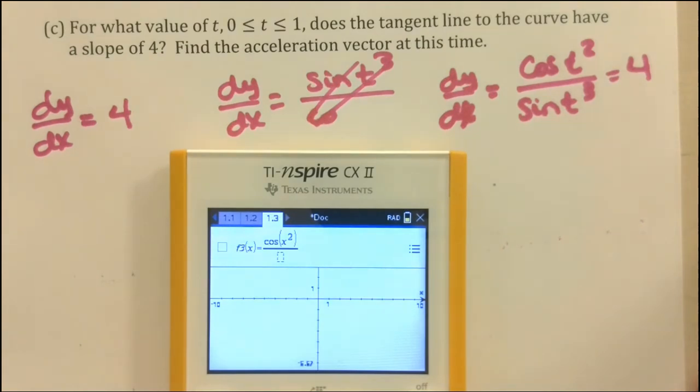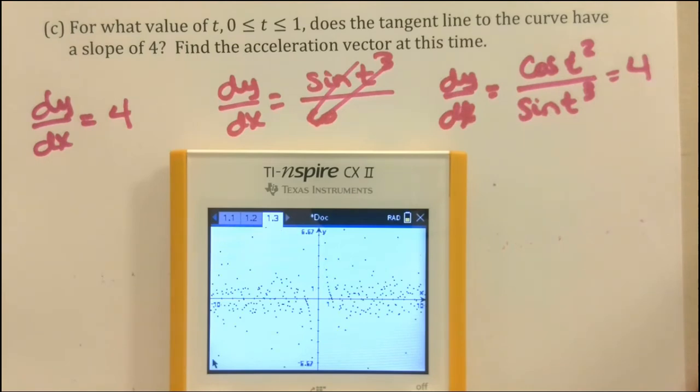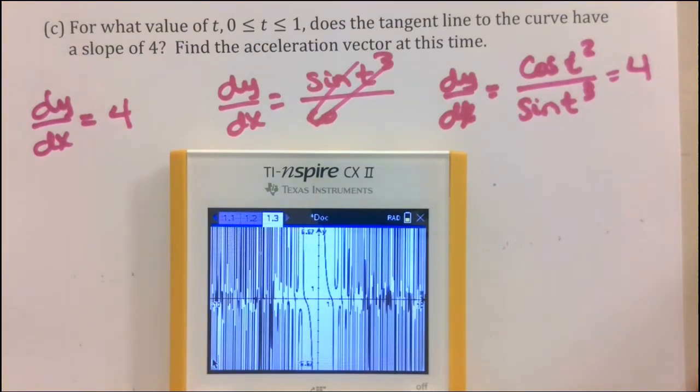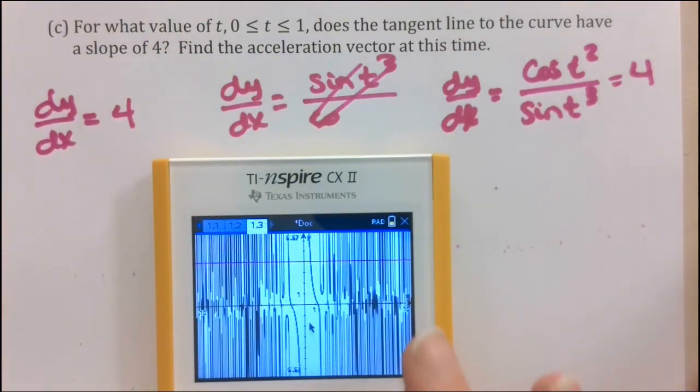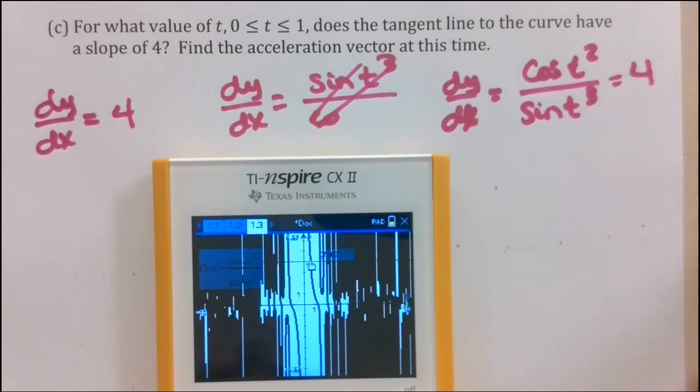I could have just done F2 of x over F1 of x if they were complicated functions, just to save a little calculator energy. But there's the slope. Pretty intense. And we want it to be equal to 4. Obviously that happens many, many times. But in the question, they said we want the t value that is between 0 and 1. And so it's going to be that intersection point right there.